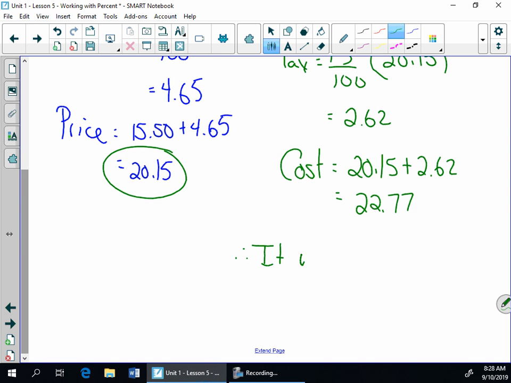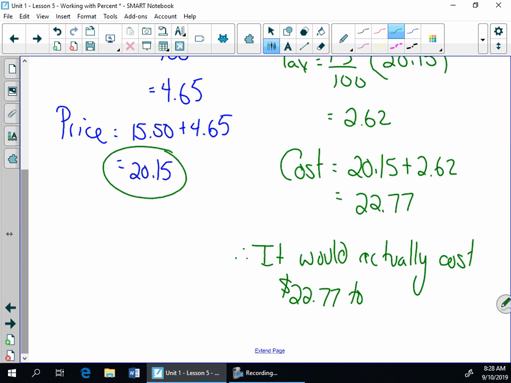It would actually cost $22.77 to buy the game. So, stages. It's true if you're discounting and then taxes, or markups then taxes. Taxes are always on after you've done whatever other issues you've had to deal with.